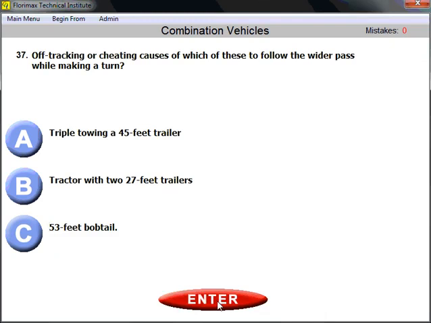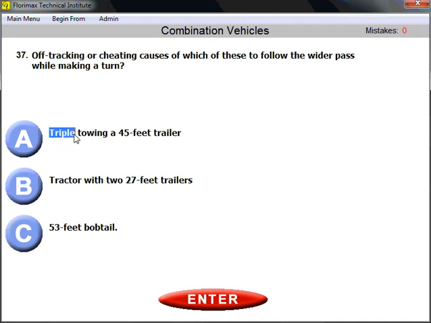Question number 37. Off-tracking or cheating causes which of these to follow the wider path while making a turn? Again, it's a very sophisticated statement, but what exactly is asked? It is asked off-tracking, which combination vehicle, which rig has more chance to make a wide turn.